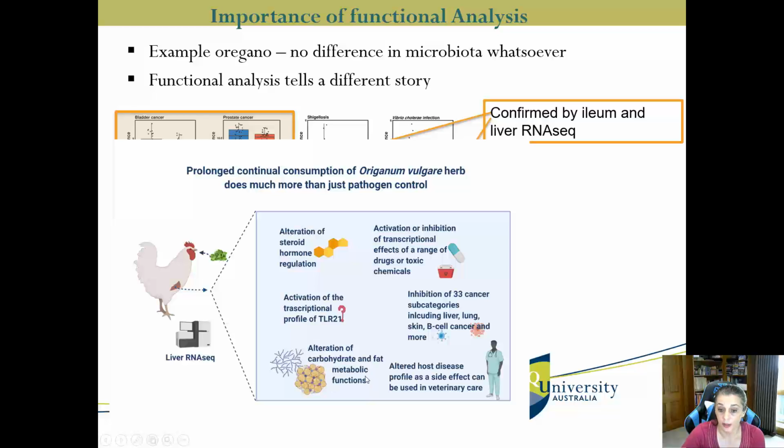Reduction of carbohydrate and fat metabolism, inhibition of cancer categories, the same thing. The only thing we didn't pick up in RNA-seq are things that are bacteria-specific, things like ability to invade epithelial cells, because when we do RNA-seq of epithelial cells, we're not going to find genes involved in invading themselves. So everything else was picked up.